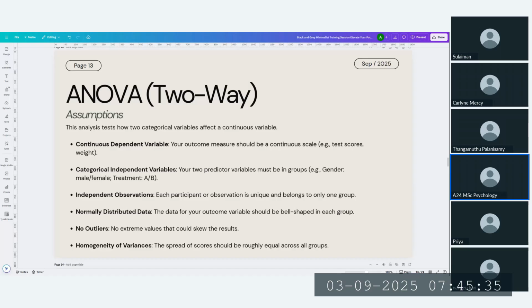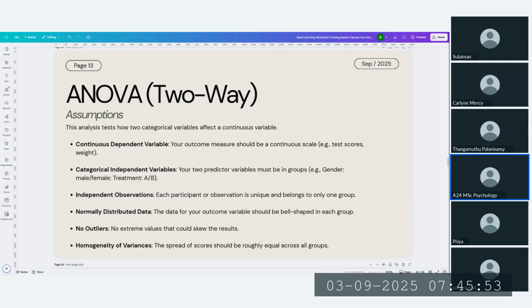The assumptions are your outcome should be measured on a continuous scale, not discrete, not this or that, on a continuous scale. Like, for example, test scores, temperature, weight, those kind of things that are continuous.